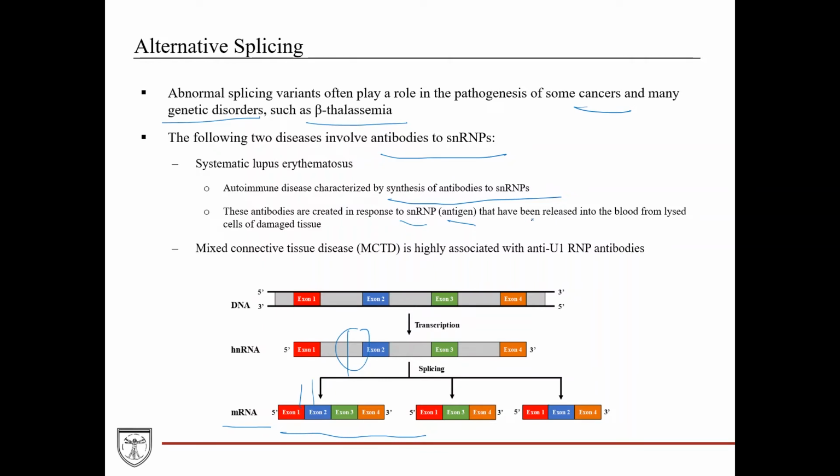These snRNPs come from lysed cells of damaged tissue. So the tissue gets damaged, and then the cells get lysed, and they end up spilling all their contents into the blood, and then the immune system recognizes them and mounts a response. And then mixed connective tissue disease, or MCTD, is also highly associated with anti-U1 RNP antibodies.